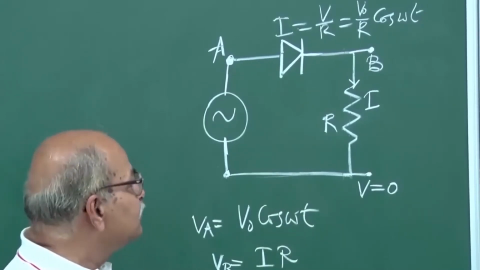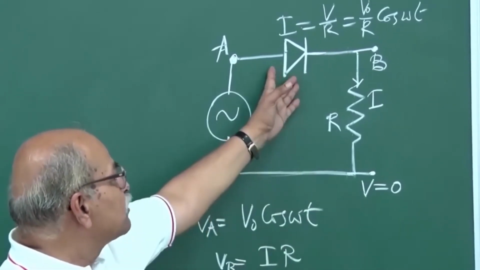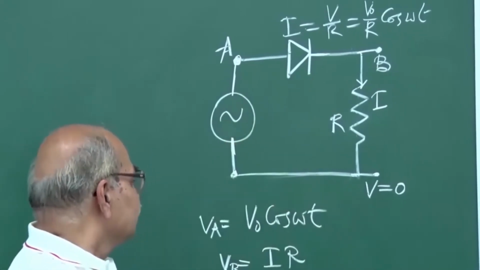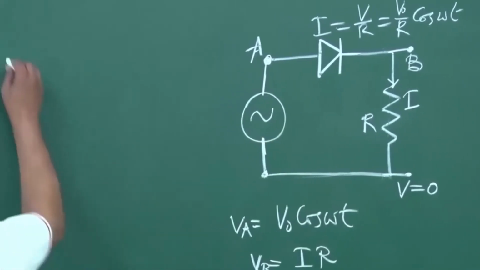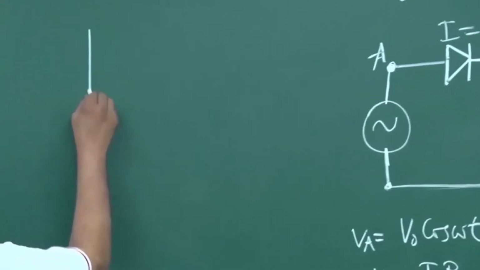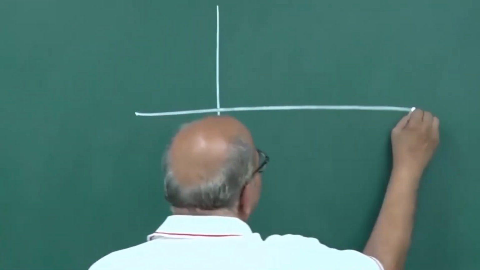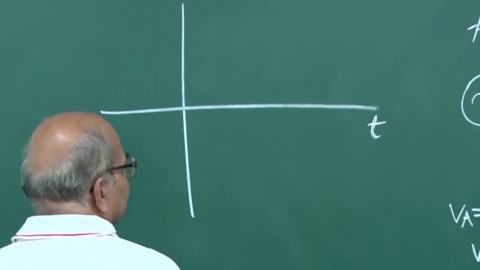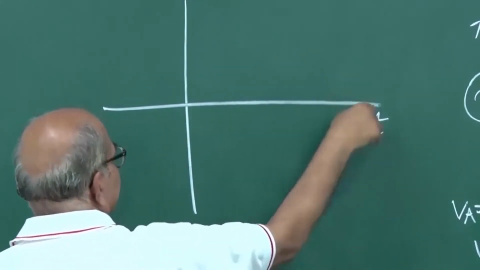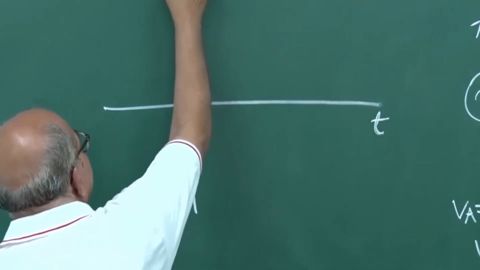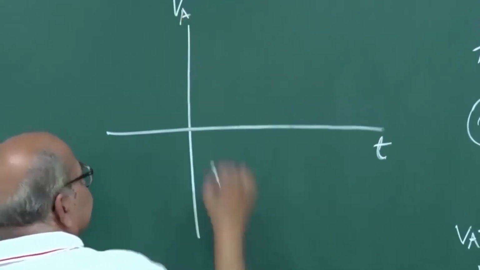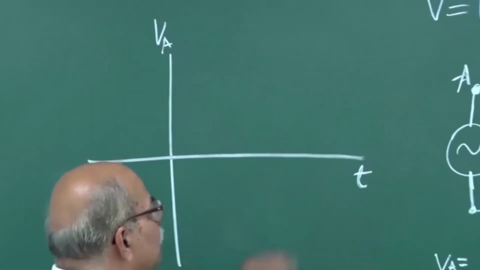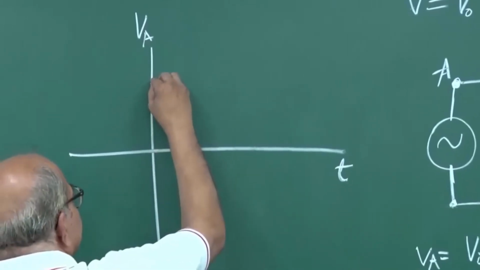For that we have to use the property of this diode. So let me show this voltage on a graph, time this side and VA this side. It's just V naught cos omega t, so it is like this.